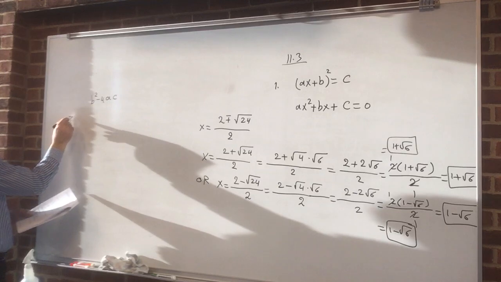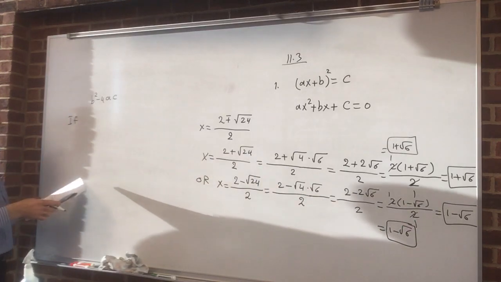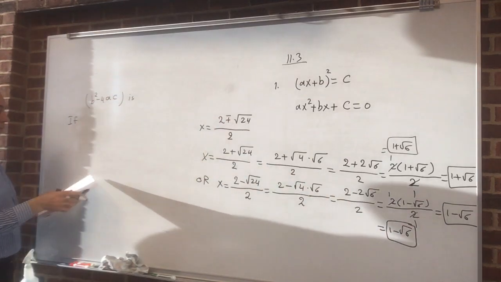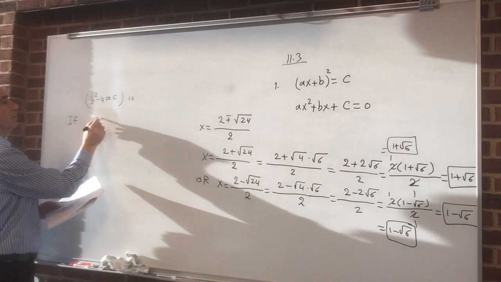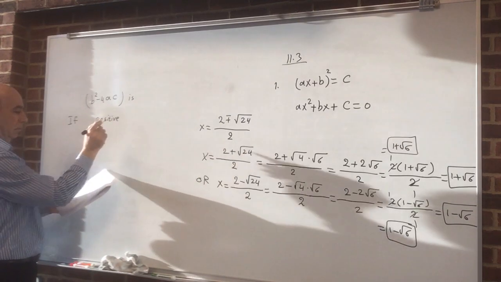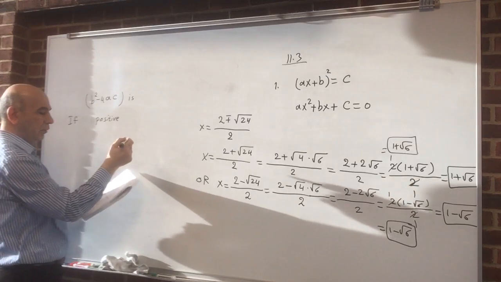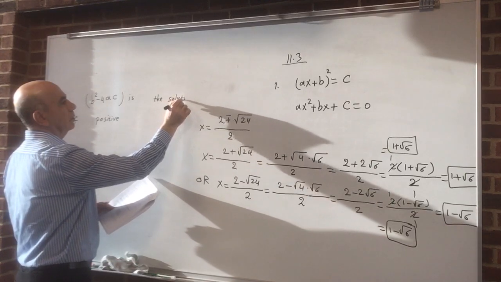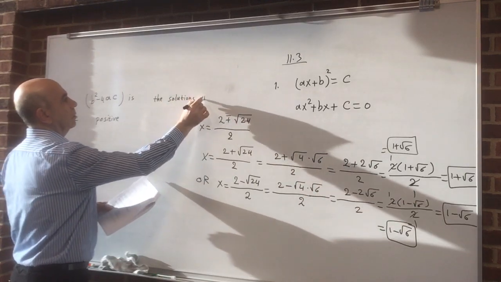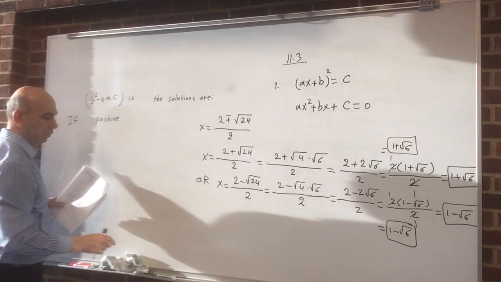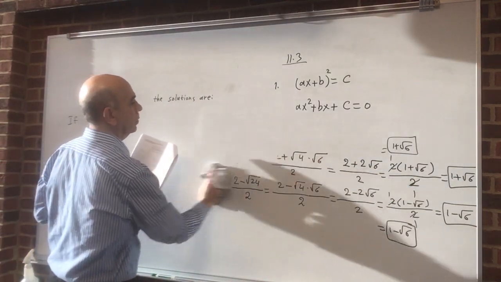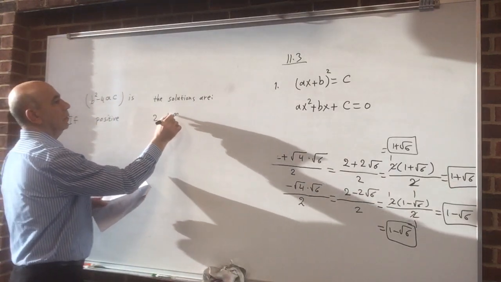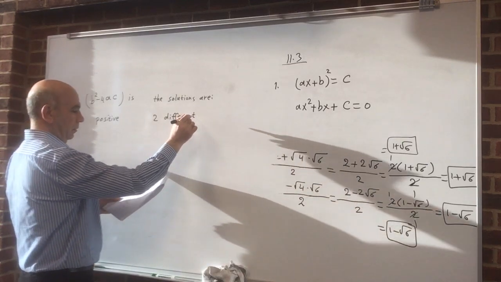If b squared minus 4ac is positive, then the solutions are two different real solutions.